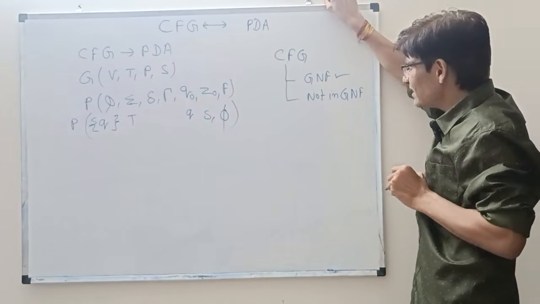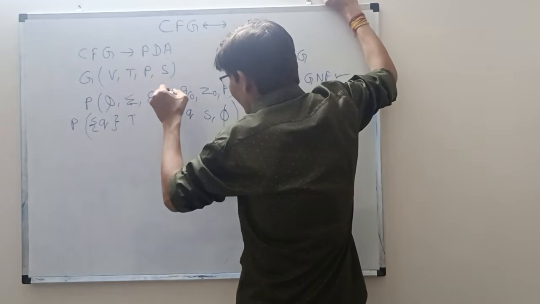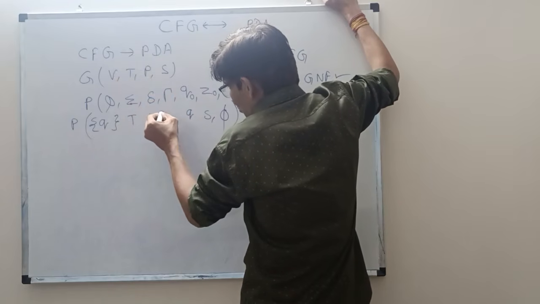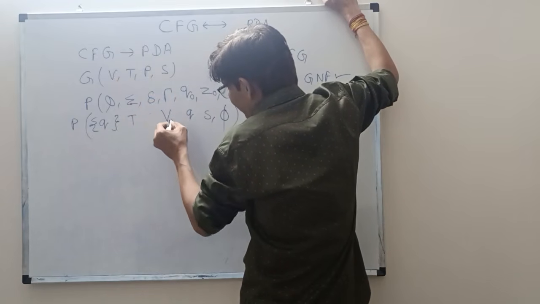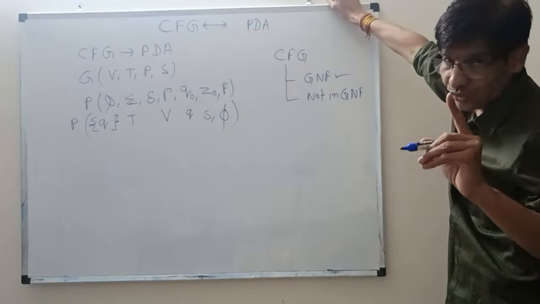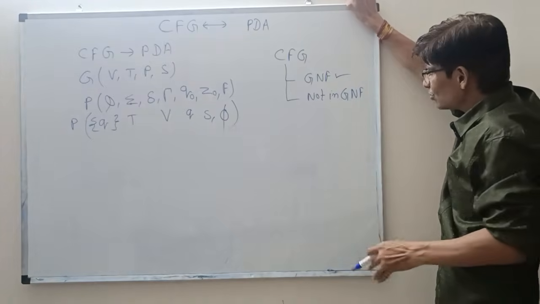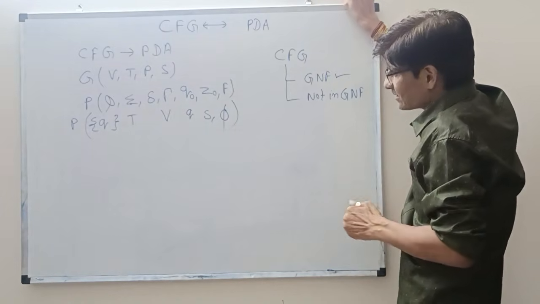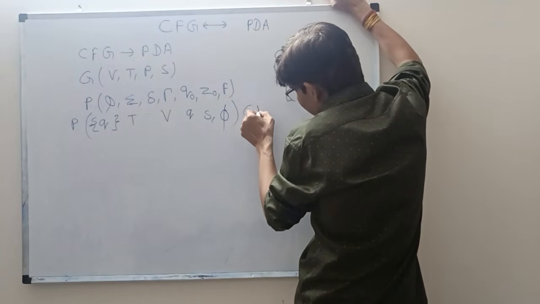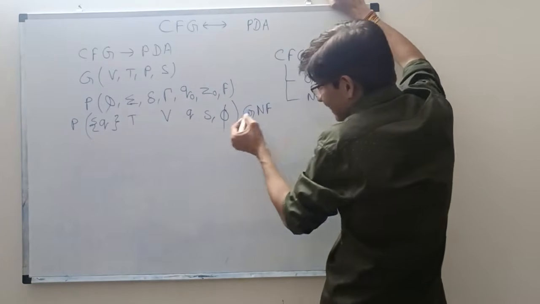When your grammar is in GNF, you will store all variables of the grammar into the stack. So gamma would be mapped to capital V. Gamma would be mapped to capital V. So here I can write, when the grammar is in GNF, then all these seven tuples would be like this.